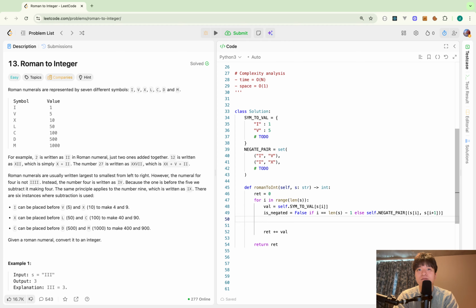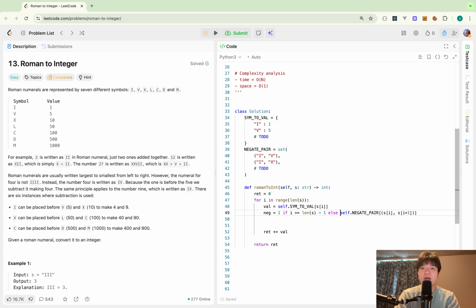So now, wait, negate. Let me do it as -1 or 1. Wait, what am I doing?